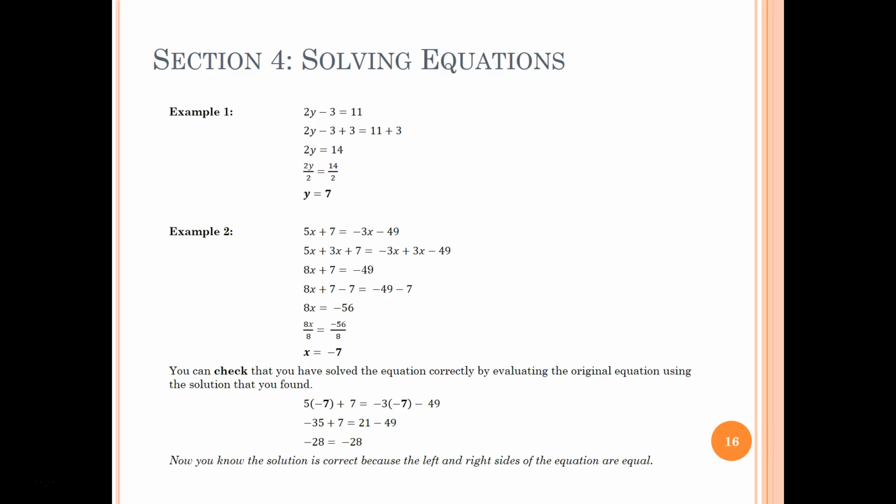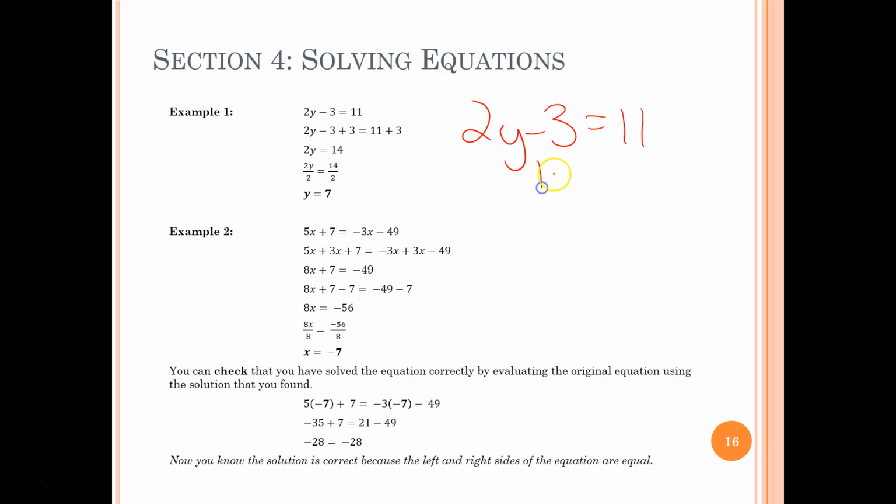Now, if we look at example 1, there's really only one efficient way to go about it. In this case, 2y minus 3 equals 11. Notice that nothing needs to be combined, and we can jump right to the addition principle.